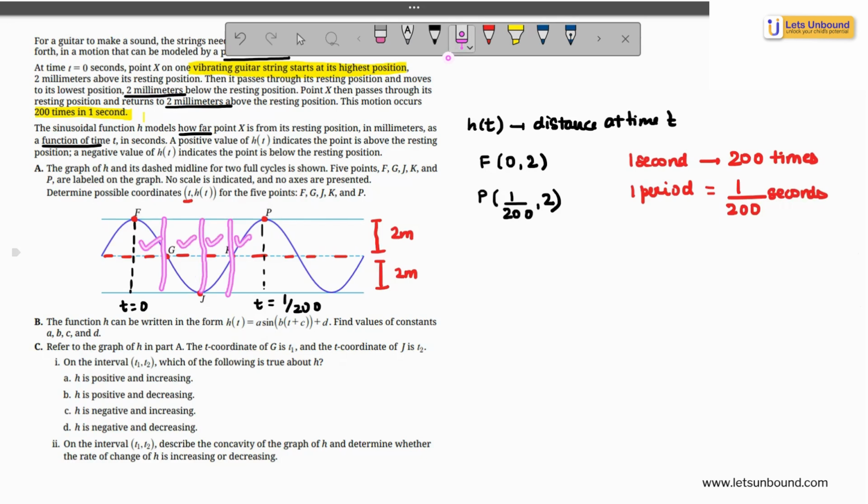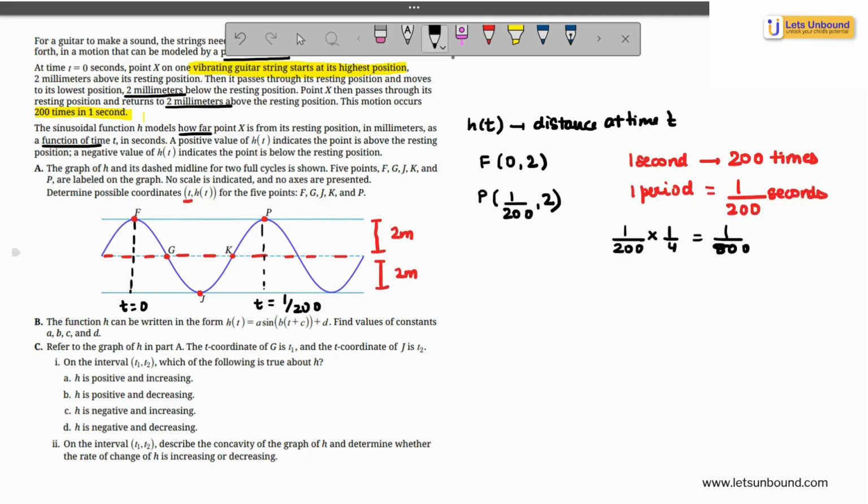These 4 equal parts would mean 4 equal time intervals as well. So dividing 1 over 200 by 4, which means 1 over 200 times 1 over 4, which is 1 over 800.